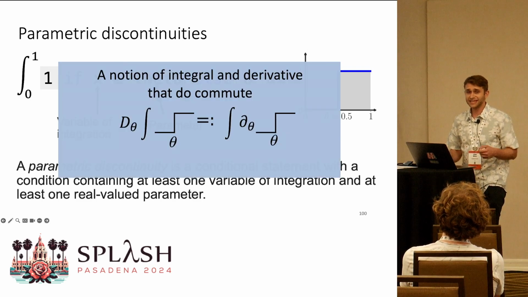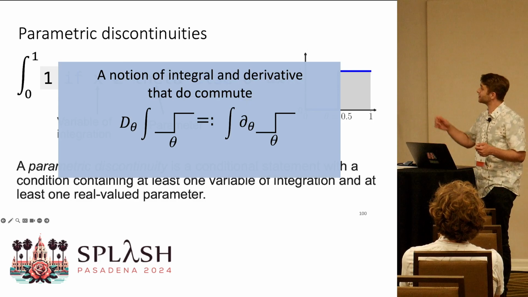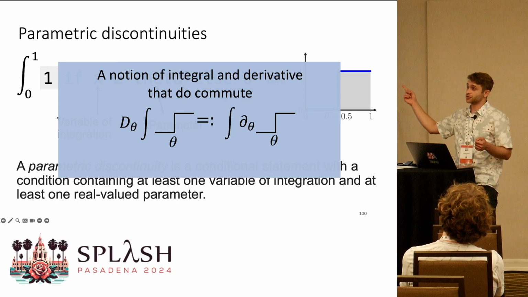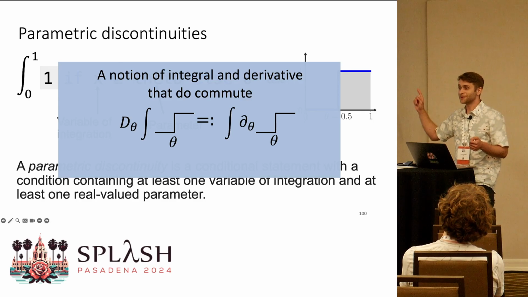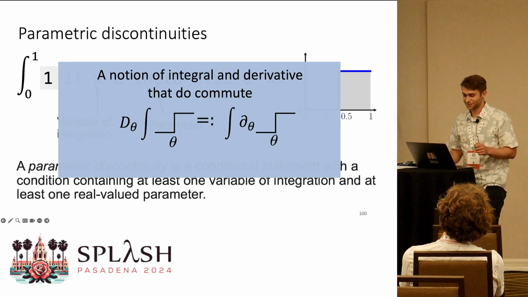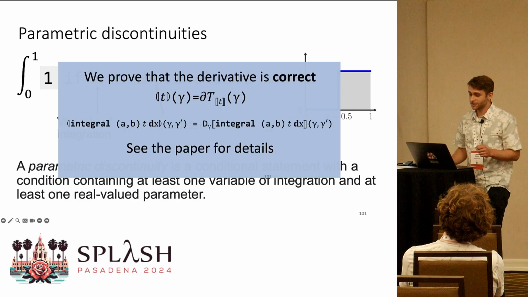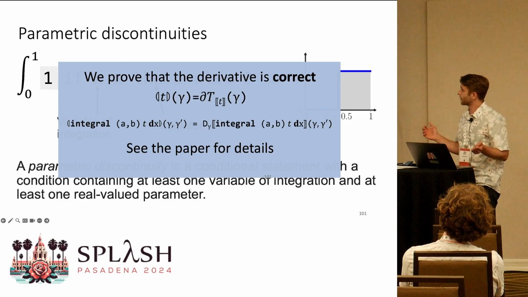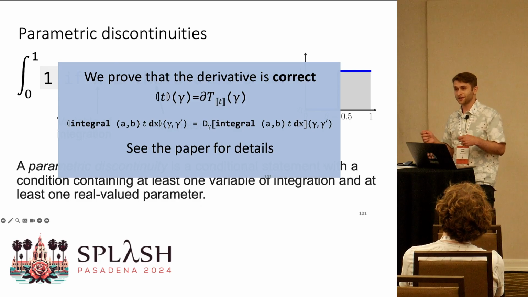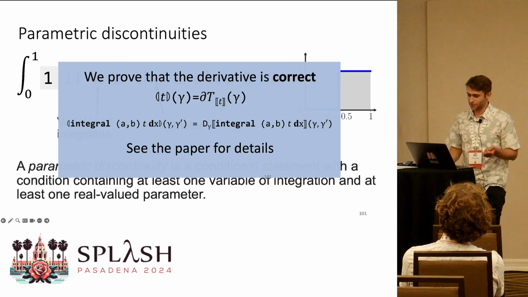So the key idea here is that we introduce a notion of distributional derivative that does commute with the integral. That wasn't true before. And now it's true. And that's the notion that this is compositionally differentiating, right? And we prove correctness. So the results that you might expect of these two semantics, we prove them. They're in the paper.